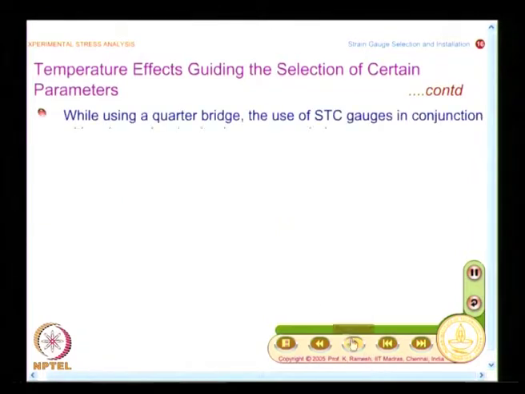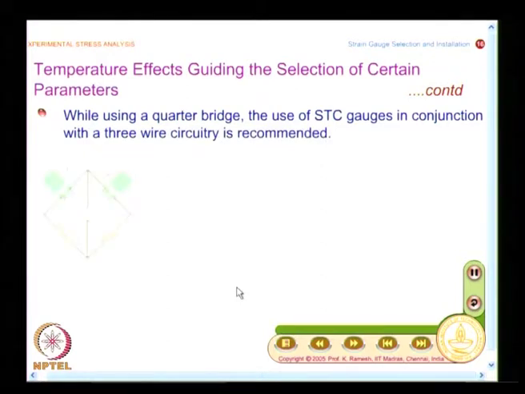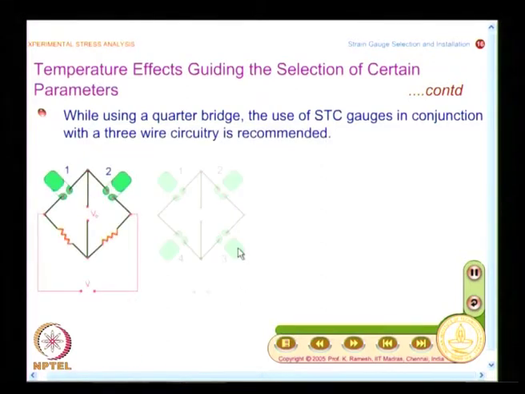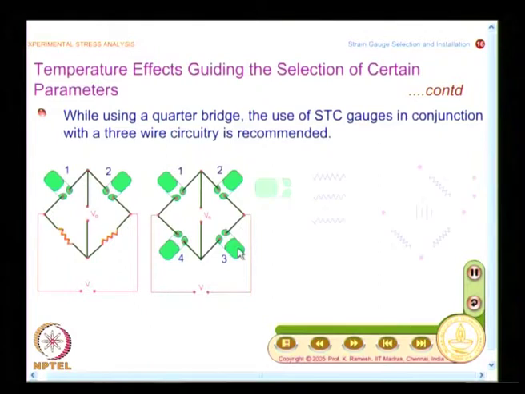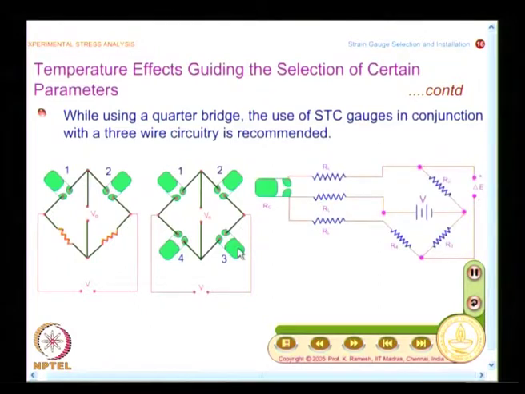But in many applications where you are interested in strain measurement, you may end up using only a quarter bridge. So, how do I do when I have a quarter bridge arrangement? We have seen how to minimize the error when you use a quarter bridge. Instead of a 2 wire circuitry, go for a 3 wire circuitry.